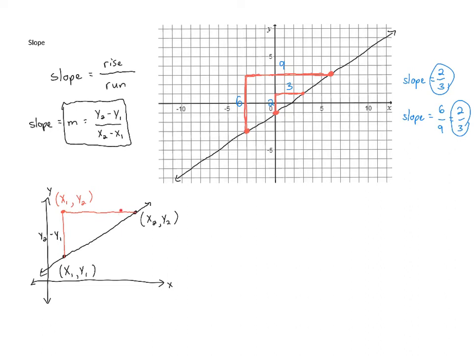That's how far apart these are. So we take this x coordinate, which is x2, minus the other x coordinate, which is x1, and that gives us our run. So these variables with subscripts actually represent the rise and the run given the starting points x1, y1, and x2, y2.